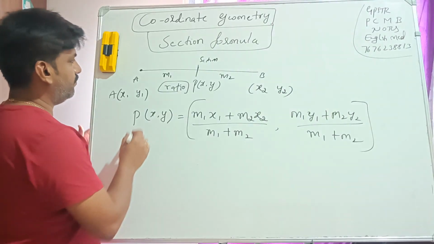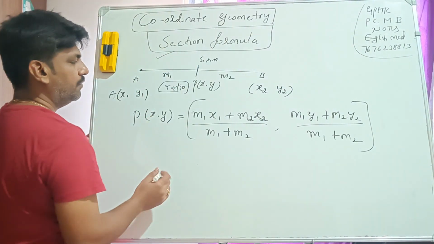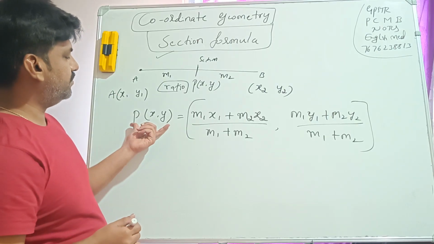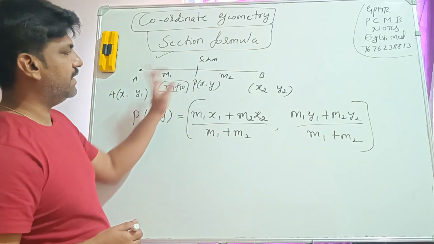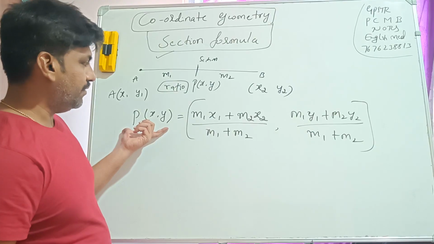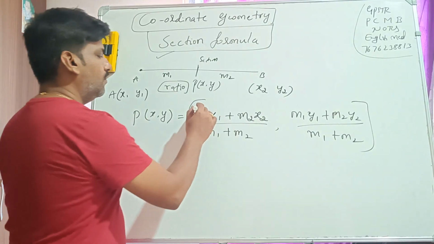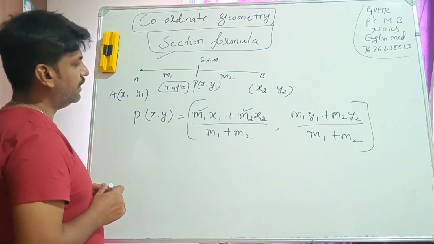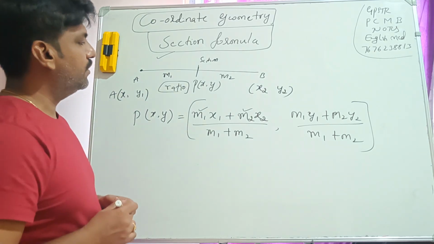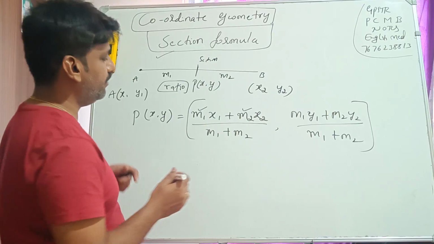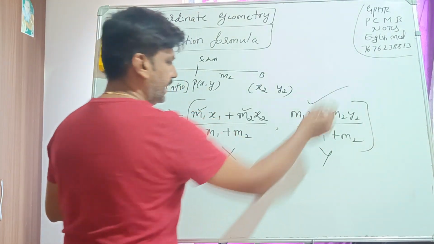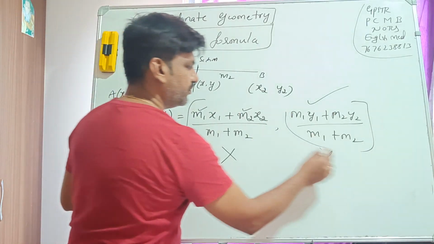So this is the section formula, where with the help of this section formula we can find what P x comma y is, which divides the line segment, or if it is given we can find the ratio, that is the m1 and m2 values. Like that this problem can be solved. Or they may be giving only with respect to x, or only with respect to y, and we can solve only this portion.